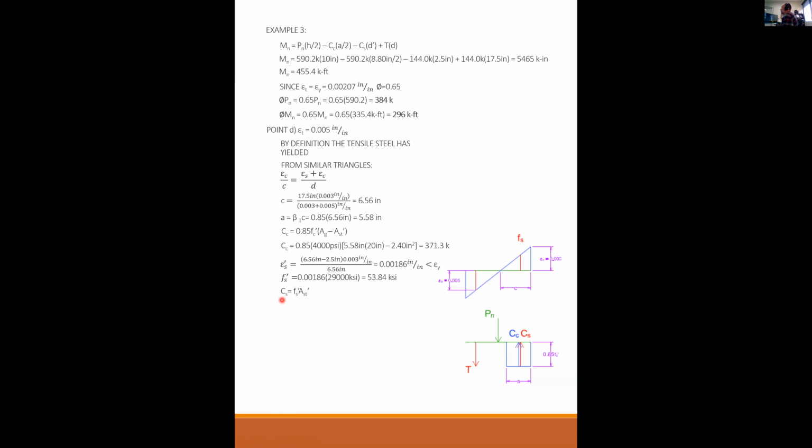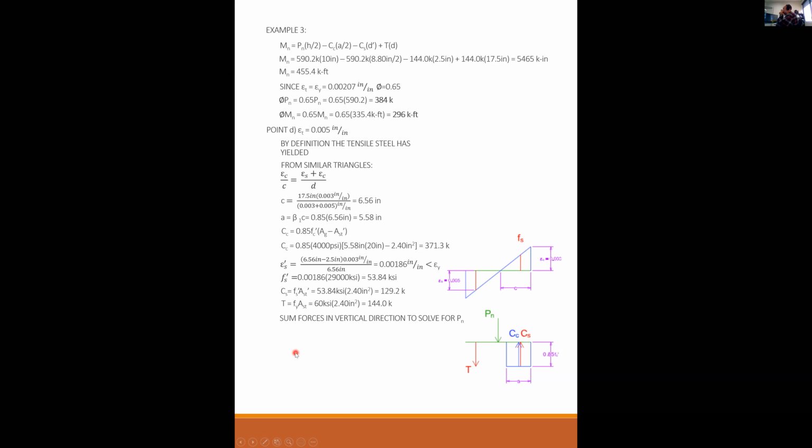So the force in the steel, C sub S, is F prime S times A_s prime: 53.84 times 2.4 square inches, which is 129.2 kips in compression. T is Fy times A_st, 60 times 2.4, is 144 kips.